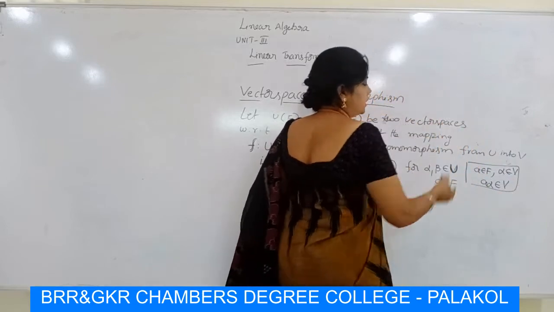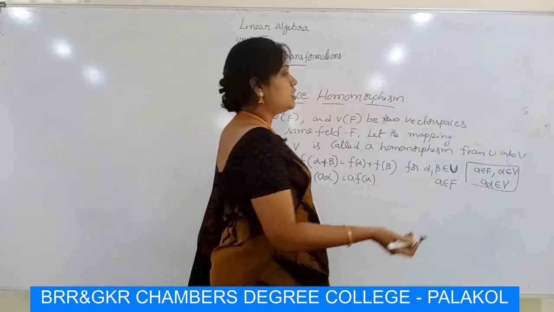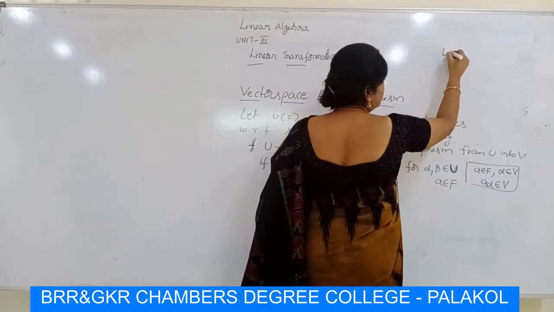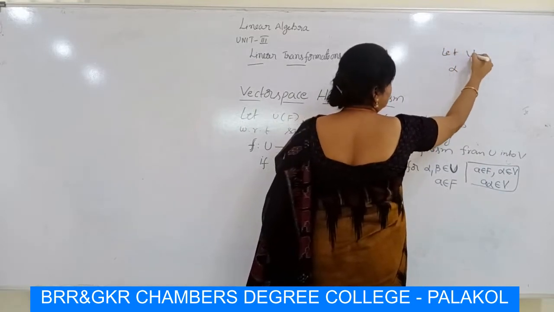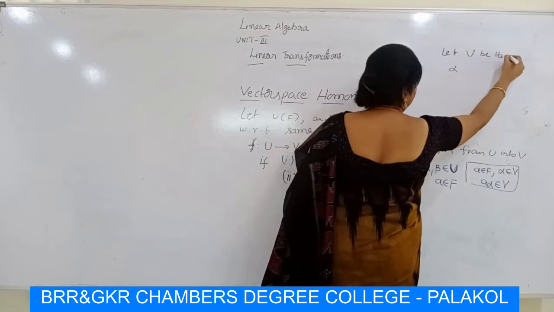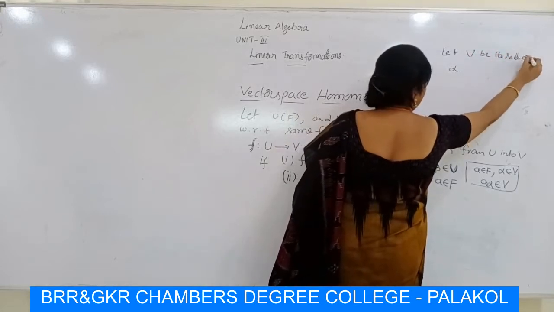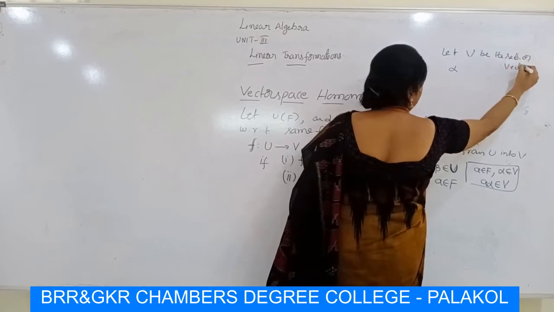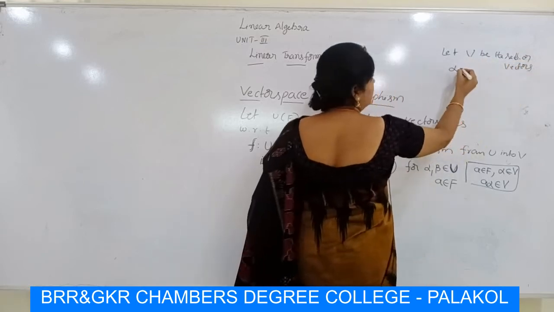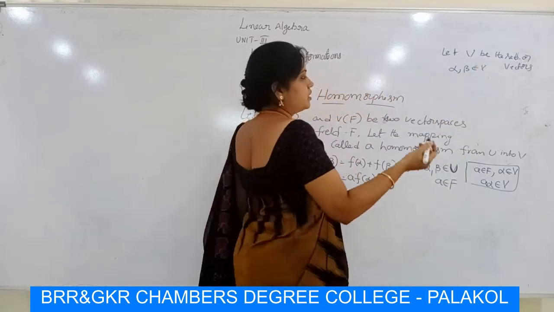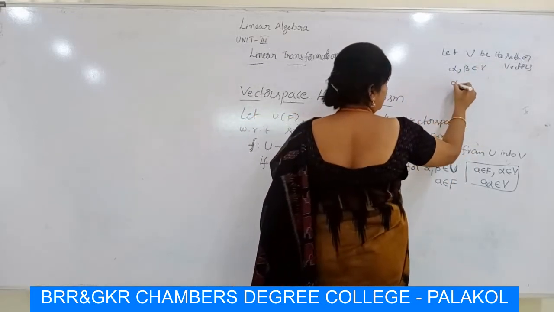What does internal composition mean? Let V be the set of vectors, and alpha, beta belong to V. We add these two vectors using the addition symbol, alpha plus beta.